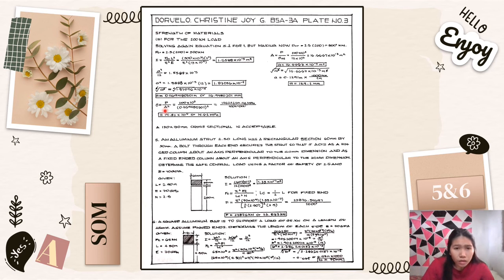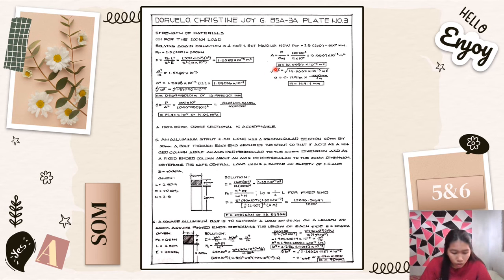So, a is equal to the fourth root of 1.87056 times 10 raised to negative 4. So, the answer is a is equal to 0.1169480301 meter, or 116.9480301 millimeter.